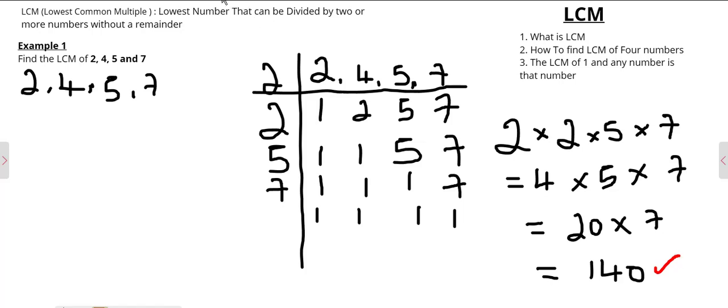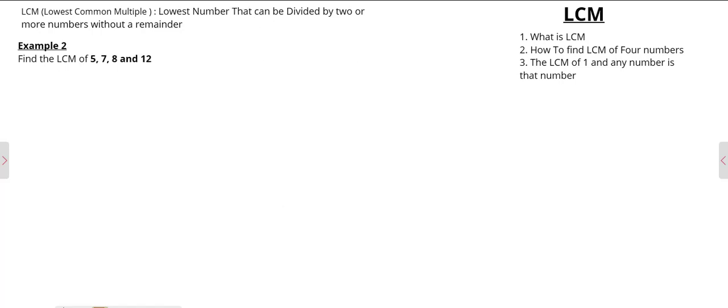So assuming we have 5, 7, 8, and 12 as another example, we're asked to find the LCM of 5, 7, 8, and 12. So as usual, we go by writing them down: 5, 7, 8, and 12.